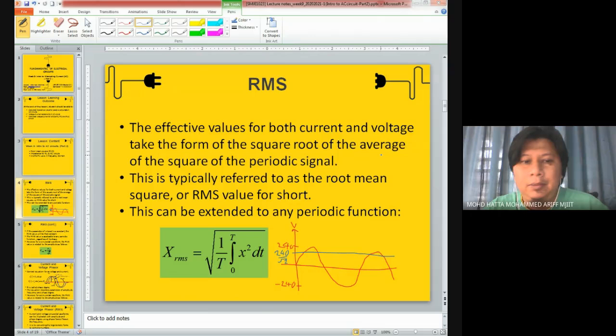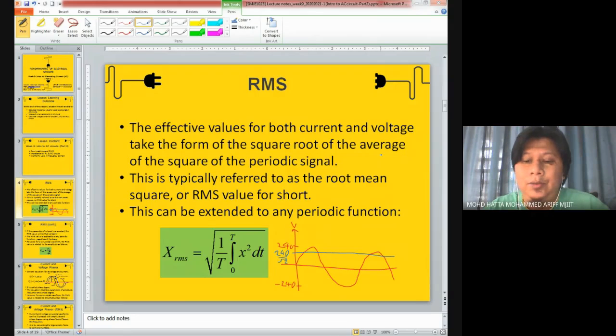But basically, if you would like to analyze your circuit using Ohm's law, Kirchhoff's law, node analysis, mesh analysis, and so on, the first thing that you need to do is convert your voltage into an RMS value. So that is very important. However, in your case, maybe I'm a bit lenient on that.